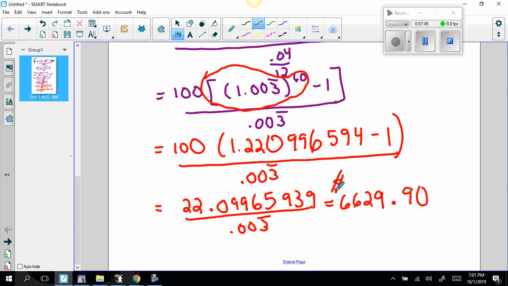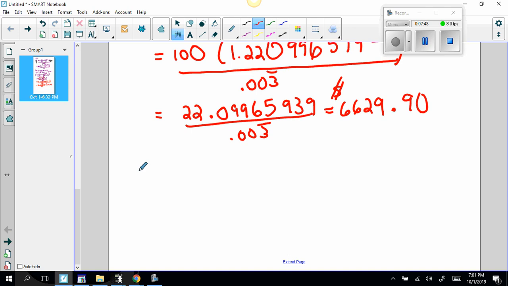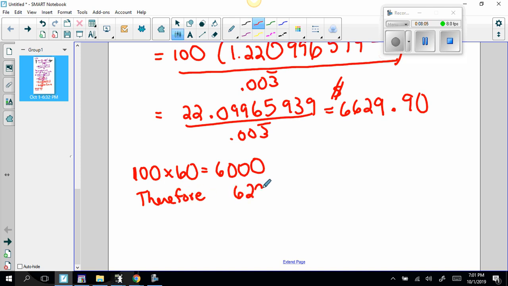So bottom line, you put in 60 times $100, which is $6,000. Therefore, the interest was $629.90. So I don't know what they're asking, but that is a good way to go.